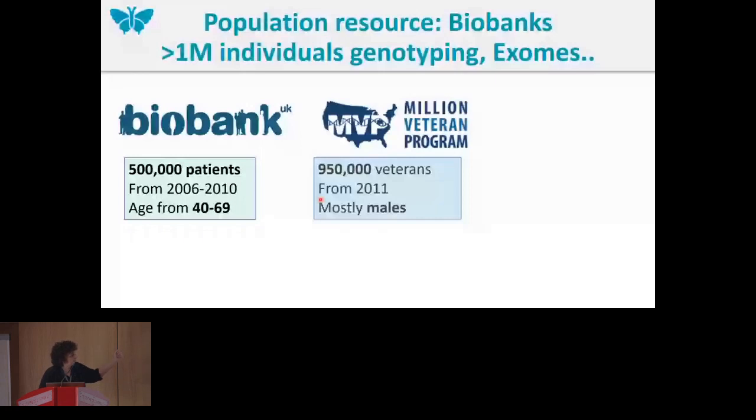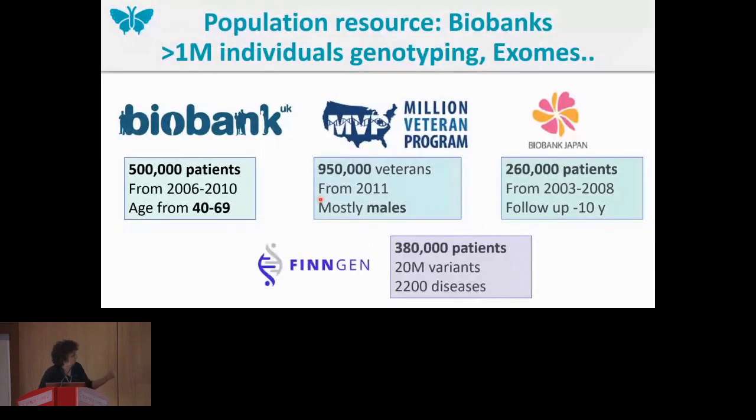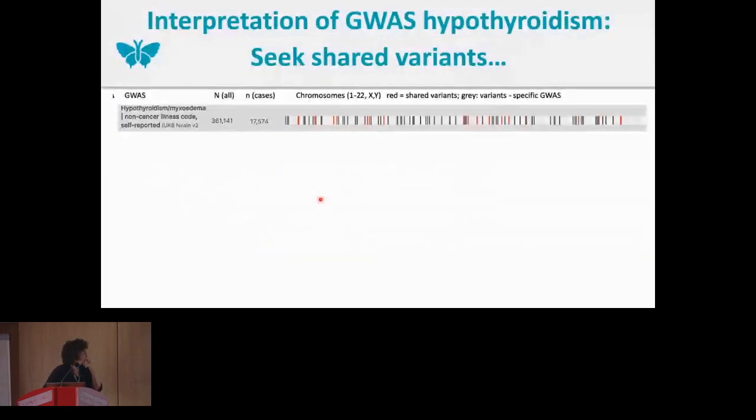There is the Veterans one with 1 million people. There is the Japanese one with 250,000. There is FinnGen with almost 400,000 people. And they all have their pros and cons. I won't get into it, but it's important that there are many of them and not only one. So we really can use this. So I'll show you what we are doing.